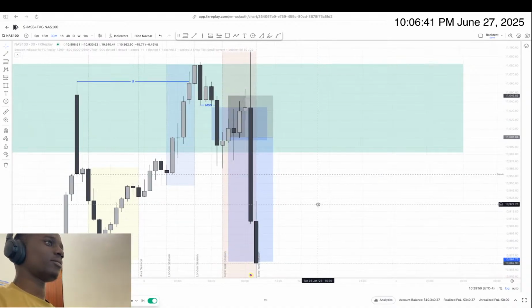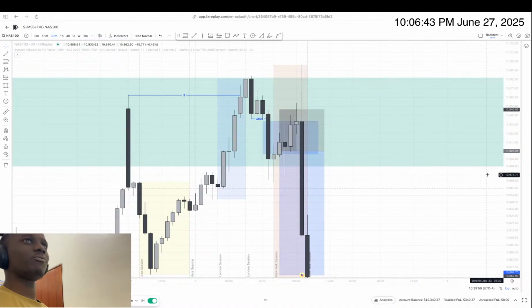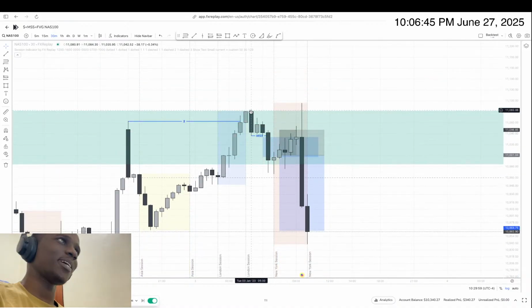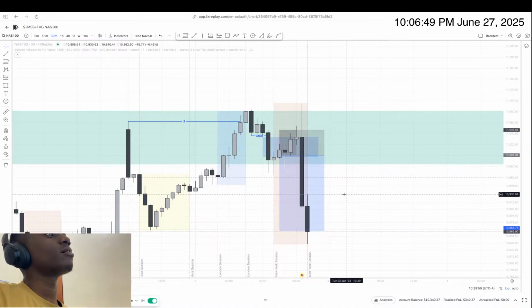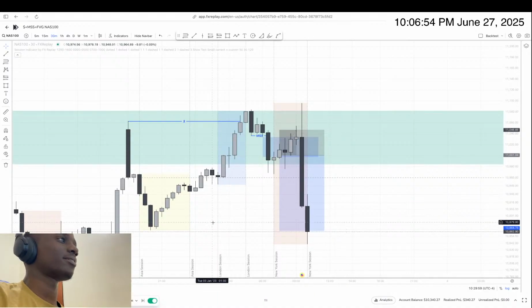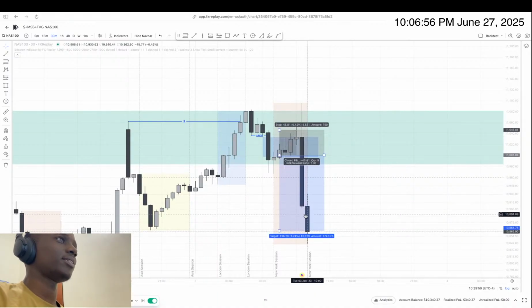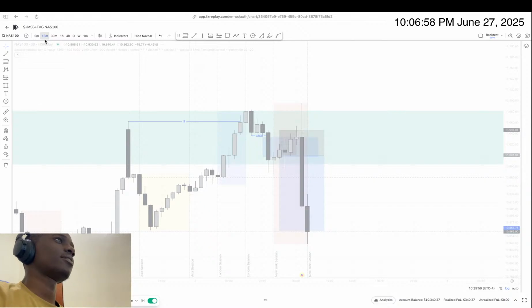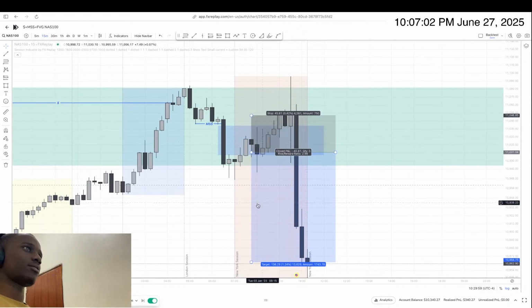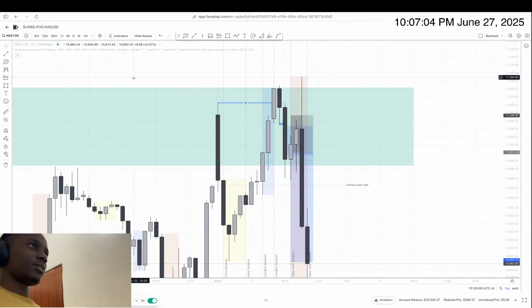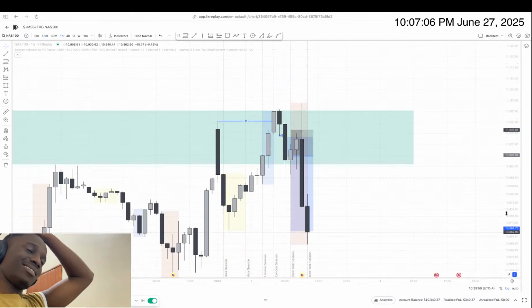Oh, come on. Now, what kind of movement is this? We took out this high, then dropped. But, oh god. This is really intimidating. Imagine hitting take profit like this. Whoa. Well, it's fascinating, not bad. But, yeah, it hurts.